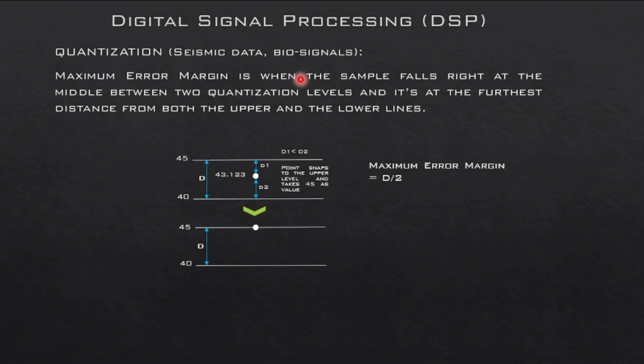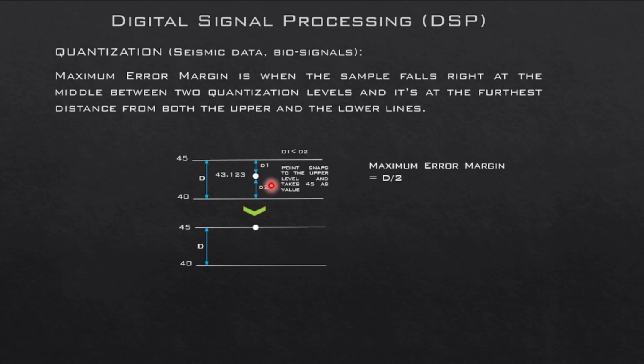Again, maximum error margin is when the sample falls right in the middle of the distance d. So maximum error margin would be d divided by 2. Why? Because in such a case, you have no way to reconcile where the original point was, because it happens to be at the mid distance from the upper and lower level.